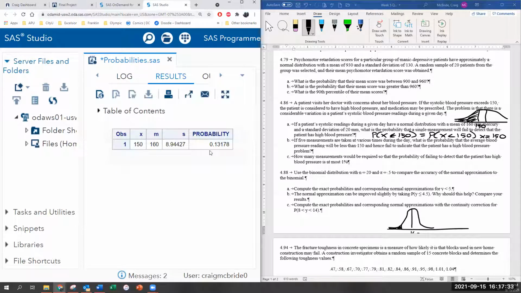It's only 13%. And the more measurements you take, the more accurate it's going to get, right? The average of those measurements is always going to get closer and closer to the true average of, you can think of it as, the population that you're sampling from. And so the likelihood of getting something that deviates from that mean of 160 is going to get smaller and smaller and smaller.